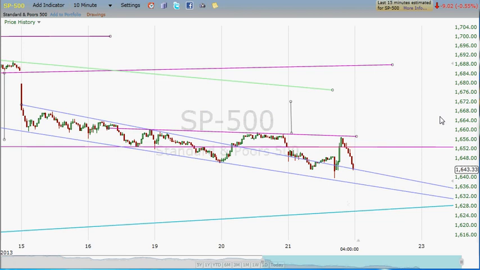So anyway, let's just say this: the trend lines that are on this chart are still the same things that I think we need to keep our eyes on. If the S&P can break through this, there would actually be a little bit higher target now because we've had a little bit more of a dip.